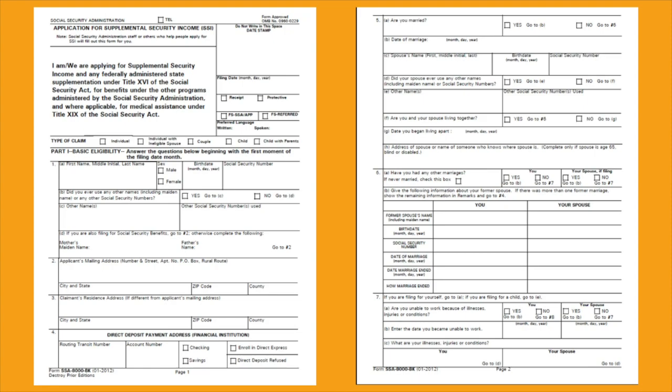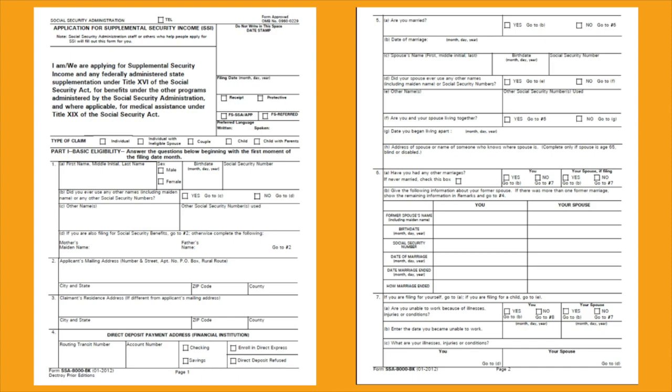So you'll see from the first page, it's very similar. It's all the name, rank, and serial number stuff. At the very bottom, you have a chance to let them know, would you like to receive this income deposited to your bank, or do you want a debit card? So this asks a lot of the previous questions that you've seen before. So the second page is about marriage and when you became unable to work.